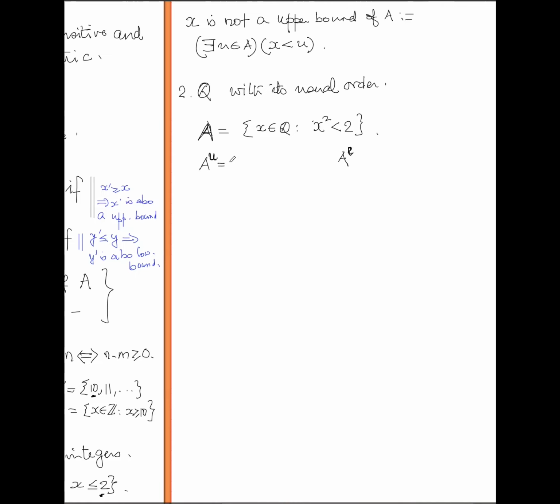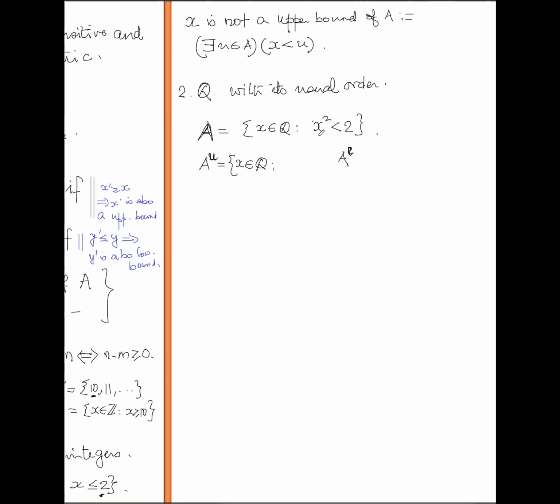Any idea? Such that x squared is less than 2?